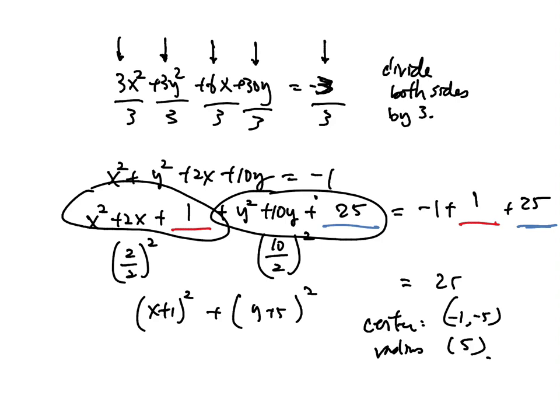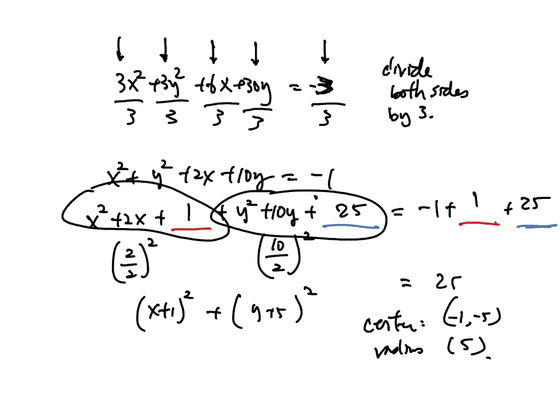Okay, so now I know I didn't say graphing the circle, but let's go ahead and graph anyway. You'll see it's actually pretty straightforward. The center is -1, -5, and the radius is 5. So let me keep that in mind before I forget.